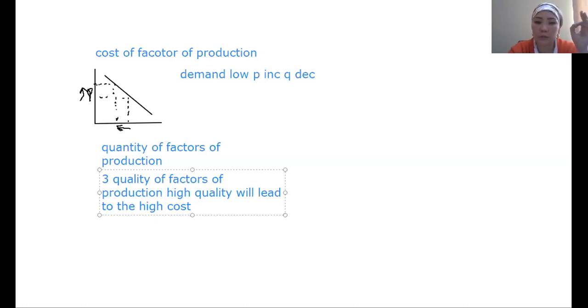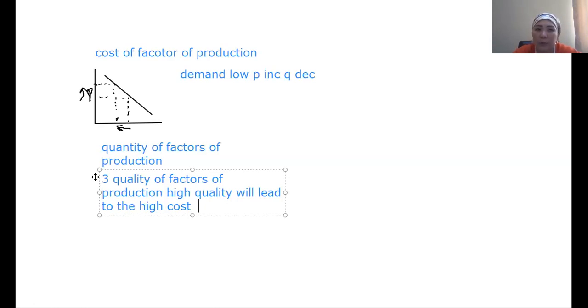Because quality products and services always cost a lot of money, right? So it will be high cost, and it may lead to the decrease of the demand for the factors of production. And that's why we know that, for example, surgeons, pilots, and barristers are in high demand due to their highly quality skills and qualifications.